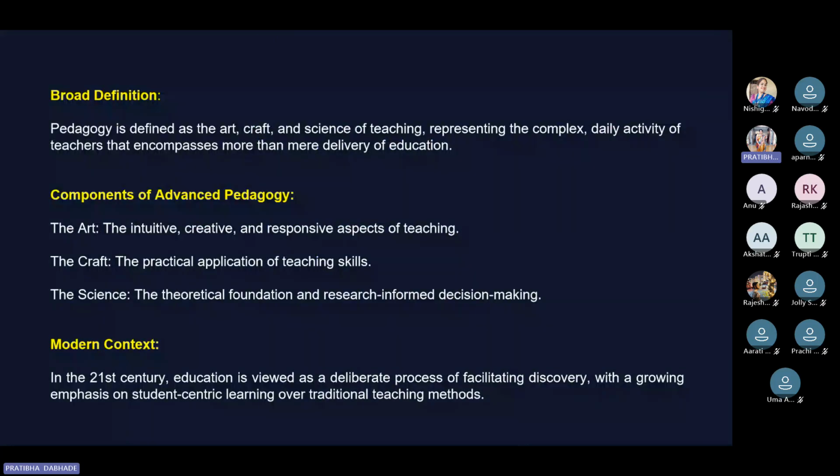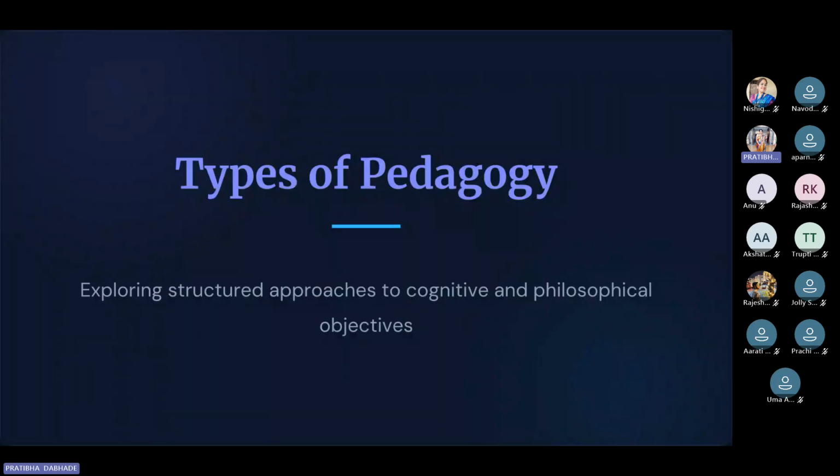Now, there are different types of pedagogy. Pedagogy is the art and science of teaching, activities of learning. It also means leading children. That was the definition in ancient Greek.